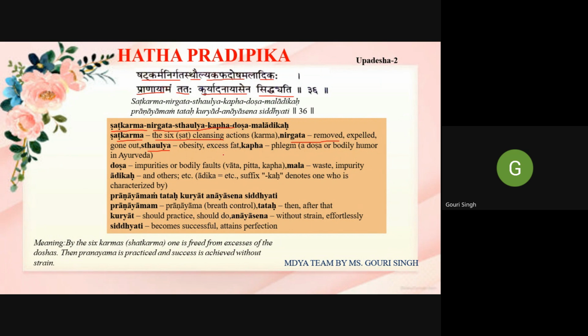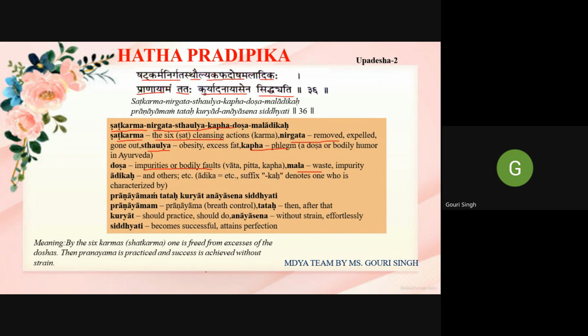So in this sloka it is repeated that whenever the person does the six cleansing kriyas, the staulya, the fatness in the body, will also reduce, the kapha, the phlegm, is also removed from the body, and all dosha-related problems. The impurities in the body related to vata, pitta and kapha, and all the malas, the waste or impurities, become destroyed.